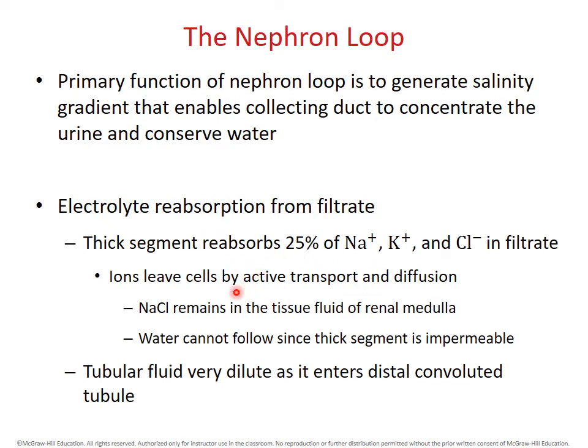And the potassium gets reabsorbed into the blood, but the sodium and the chloride ions remain in the tissue of the medulla. This is again what's going to make the medulla progressively more salty as you dive down into it, all this sodium and potassium and chloride ions that are being pumped out of the tubular fluid in the loop of Henle and accumulating in the medullary tissue.